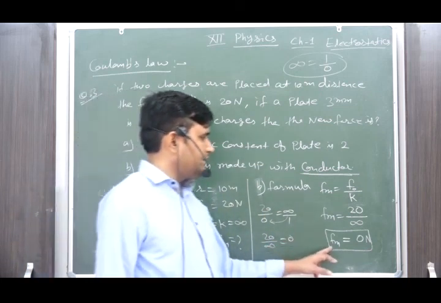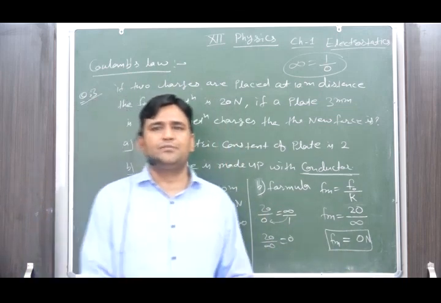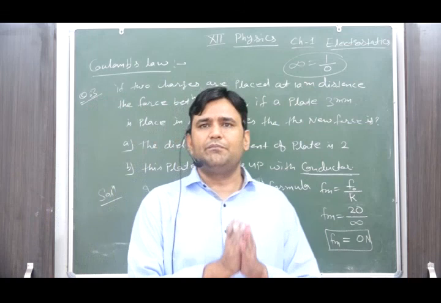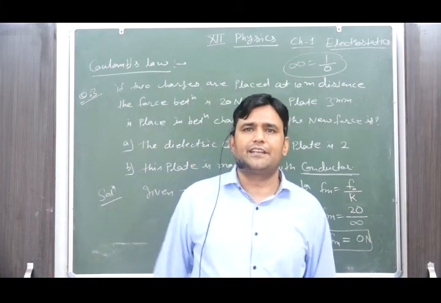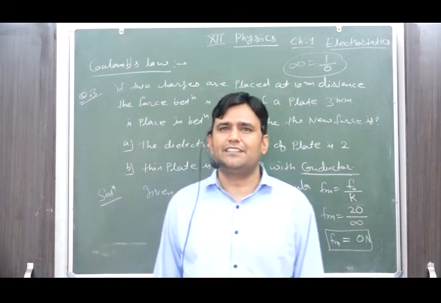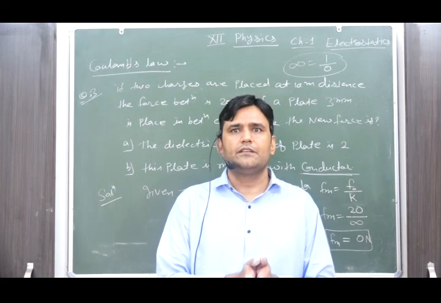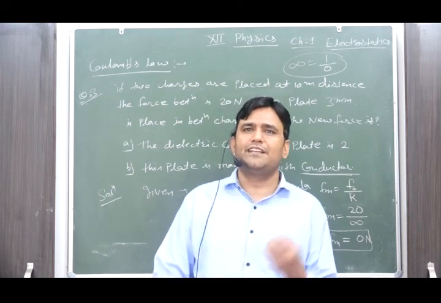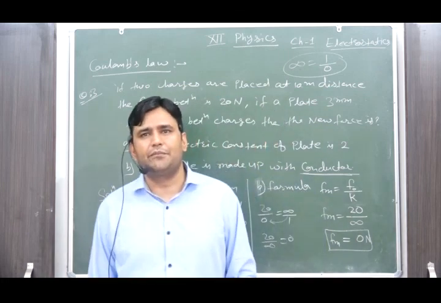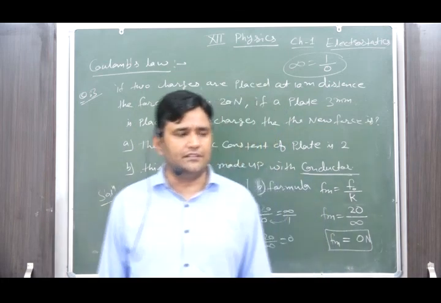That's why the force between the charges is 0 Newton. This is the effect on the force of the dielectric material. If we want to minimize the force between the charges, we place a conducting material between them. Due to the conducting material, the force decreases.